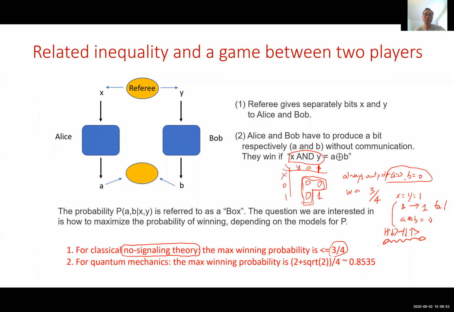The way to do that is, X equal to 0 or 1 is the choice of A or A prime axes, and Y equal to 0 or 1 is the choice of B and B prime axes. Then you just measure the observable, just like the previous Bell inequality.